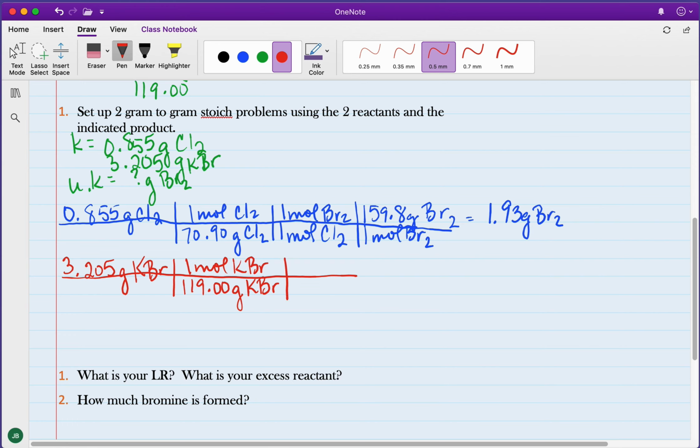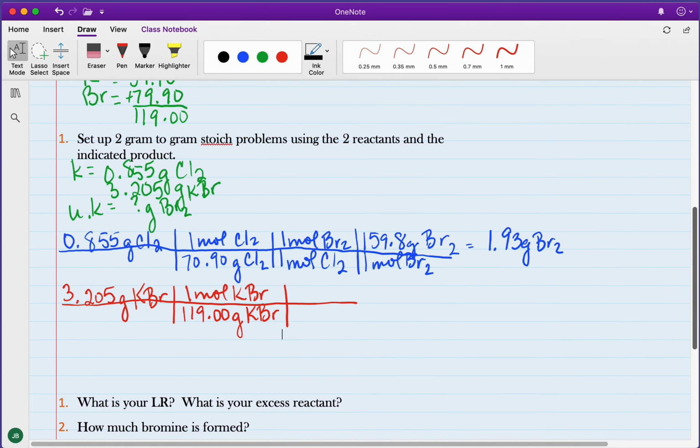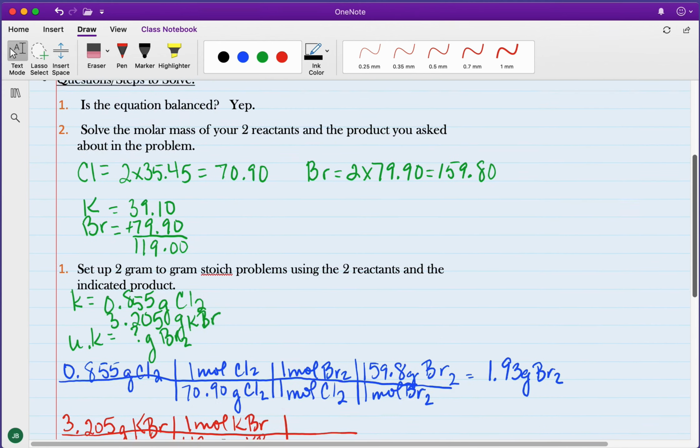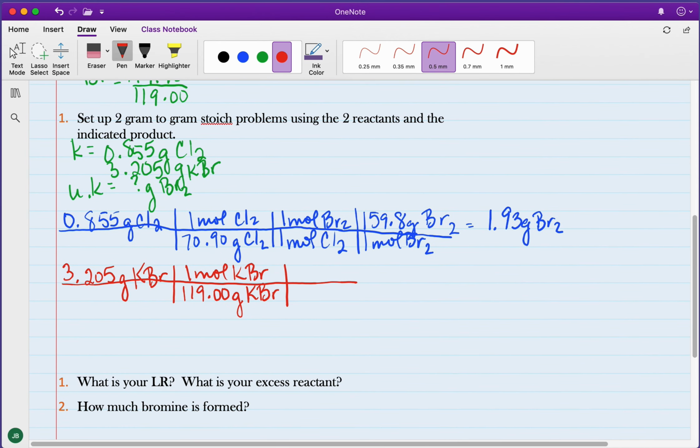And now we're going to do our mole ratio, so we can come back here and see what our coefficients are. Potassium bromide has a coefficient of 2, and the bromine still has that coefficient of 1. So we're going to put 2 moles of potassium bromide at the bottom and 1 mole of bromine at the top.